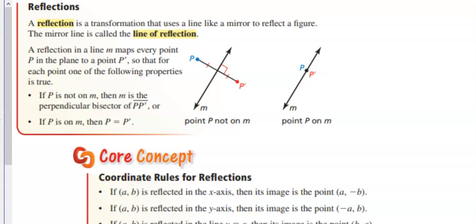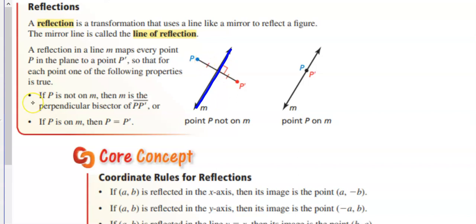A reflection in a line M maps every point P in the plane to a point P prime. If this is our line of reflection, we are reflecting over P onto P prime. Notice it's perpendicular and it's also congruent.